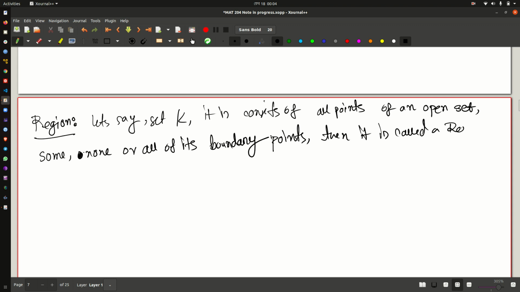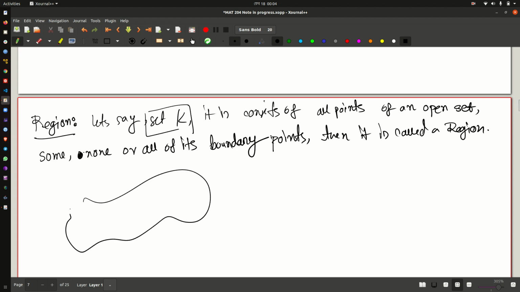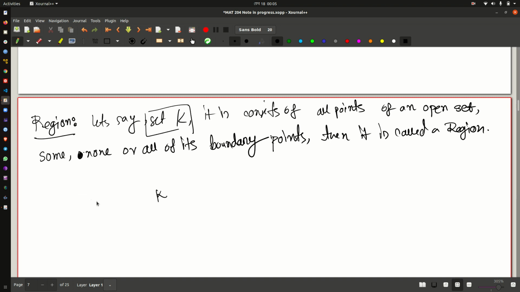So what do we mean by this? Let's say you have this set K, okay, and visually let's say this is how you want to visualize set K. Now even though this is a solid line, that doesn't mean this is the boundary. I can even draw it with a dashed line as well, just to indicate that there is no boundary of this set.